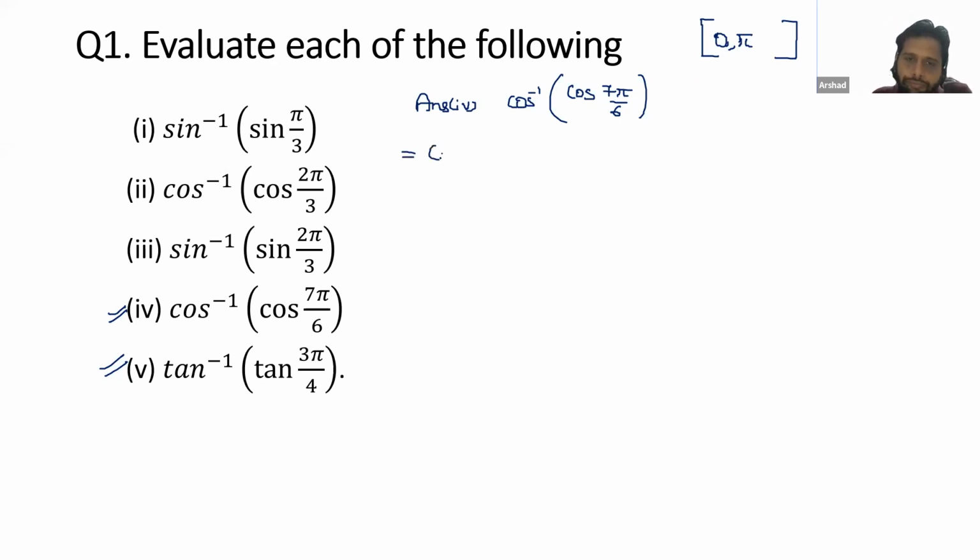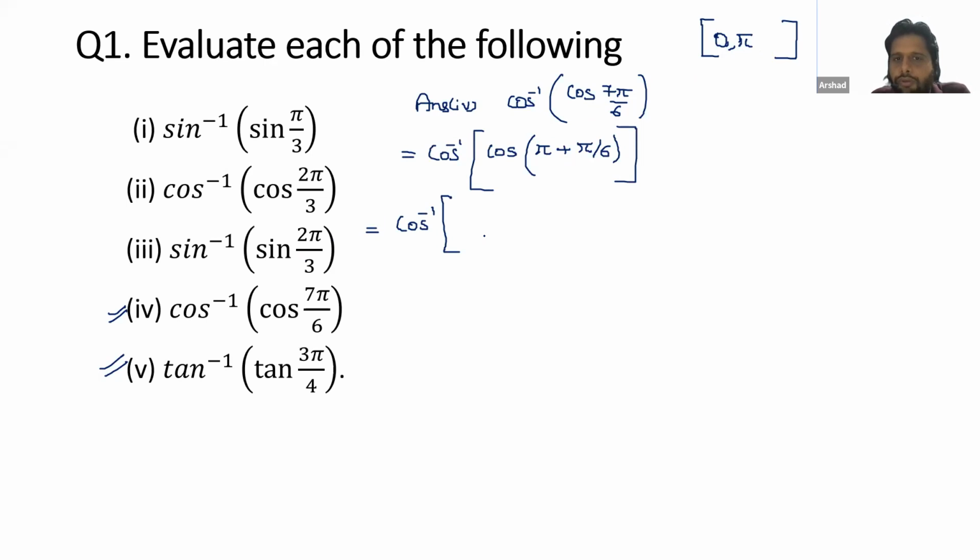Now what will you do? Write cos inverse, write cos. This 7 pi by 6 can be written as pi plus pi by 6. Please do the calculation, you will get 7 pi by 6. Now, Fahad, what is pi plus theta? Abdul, what is cos of pi plus theta?